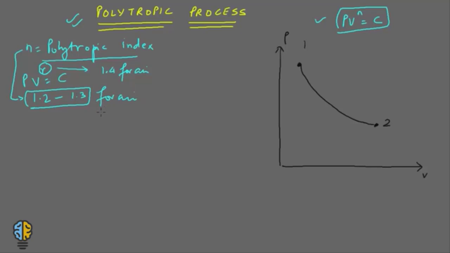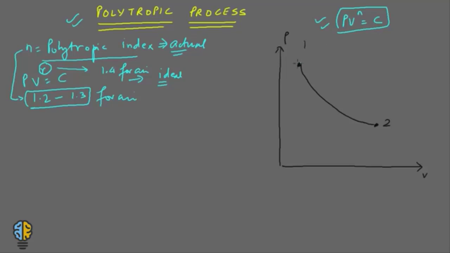So to compare the adiabatic process and a polytropic process, you can say that adiabatic is an ideal process and polytropic is an actual process. This can be a general difference between the two processes.